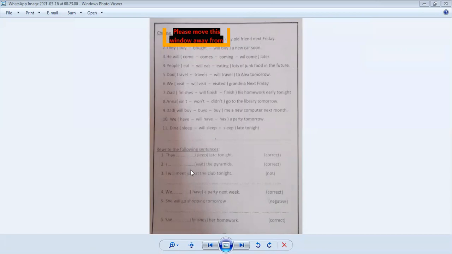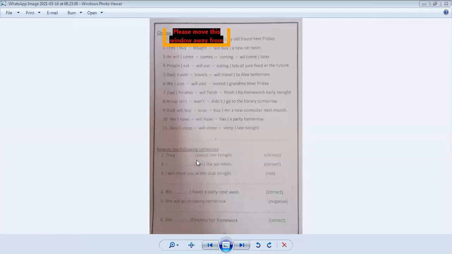Okay, now let's take the rest as homework and move to the rewrite sentence. Let's read number 1. They sleep late tonight. Correct the verb. First, we look at the key word. Where is the key word? Yes, tonight. So tonight is a future simple tense.